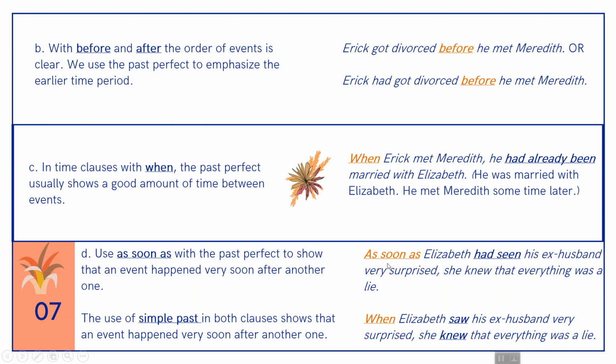So in this case, we can use as soon as, or we can also use simple past in both clauses to show that an event happened very soon after the other one. So we can use both, okay? For example, when Elizabeth saw her ex-husband, very surprised, she knew that everything was a lie. So we can use both simple past and simple past, or past perfect plus simple past, okay?